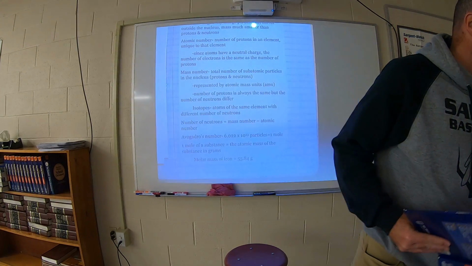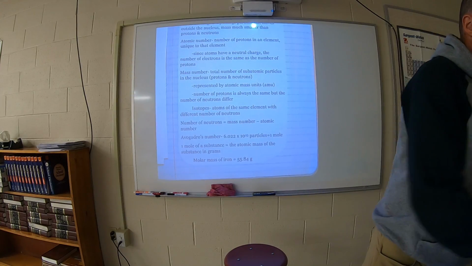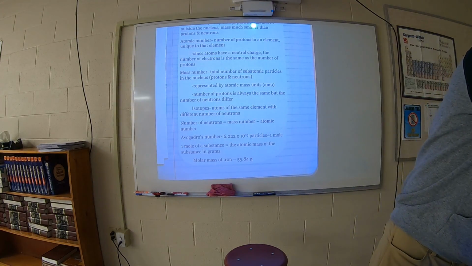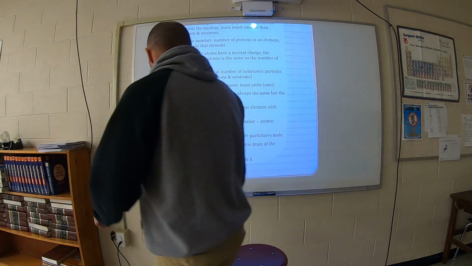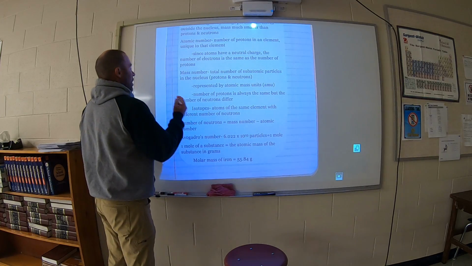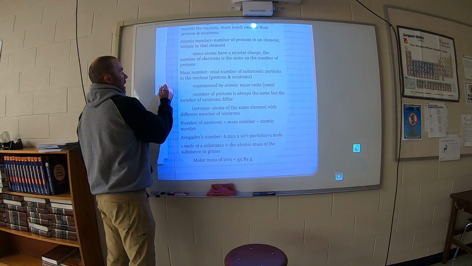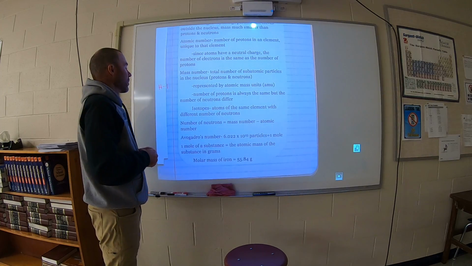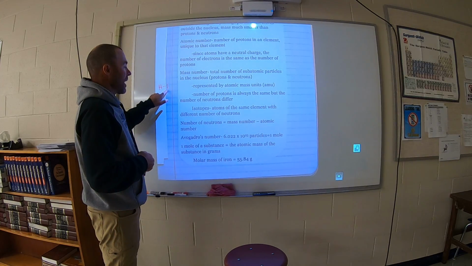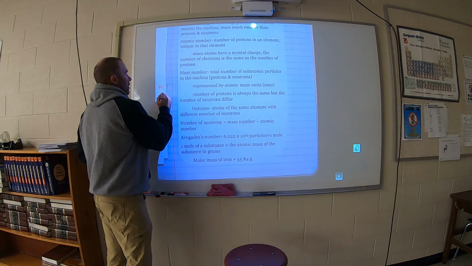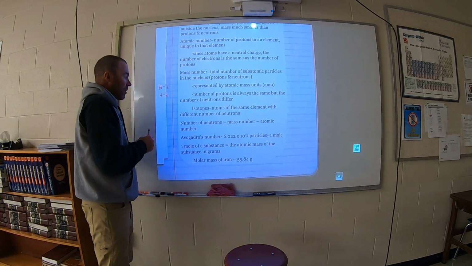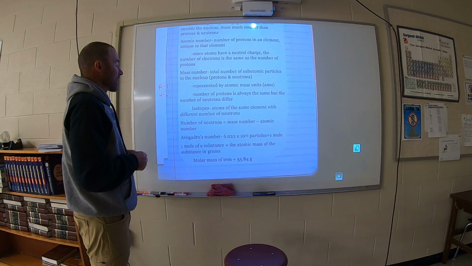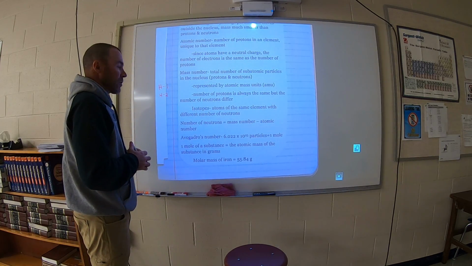Normally, the way we would write an isotope is like this. If we're talking about hydrogen, we would say hydrogen-1, hydrogen with an atomic mass of 1. We could also have hydrogen-2, which is hydrogen with an atomic mass of 2, another isotope of hydrogen.